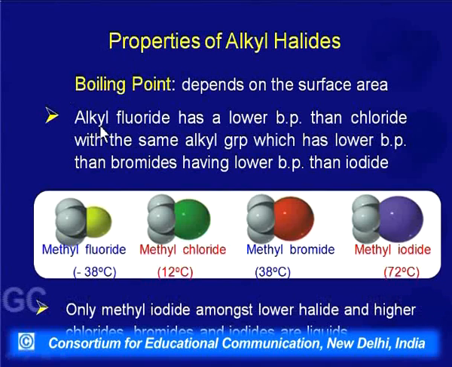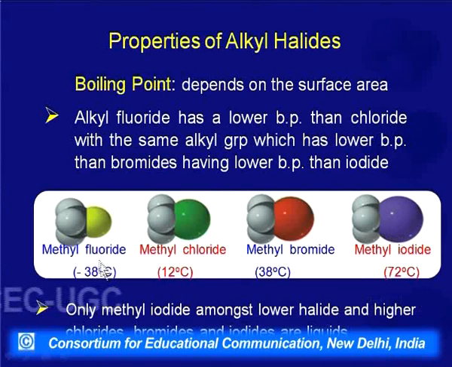So, alkyl fluoride has a lower BP than chloride with the same alkyl group, which has lower BP than bromides, having lower boiling point than iodide. Why does it happen so is that fluoride being the smallest in size, it has the smallest surface area, and as we move on to iodine, the surface area increases.